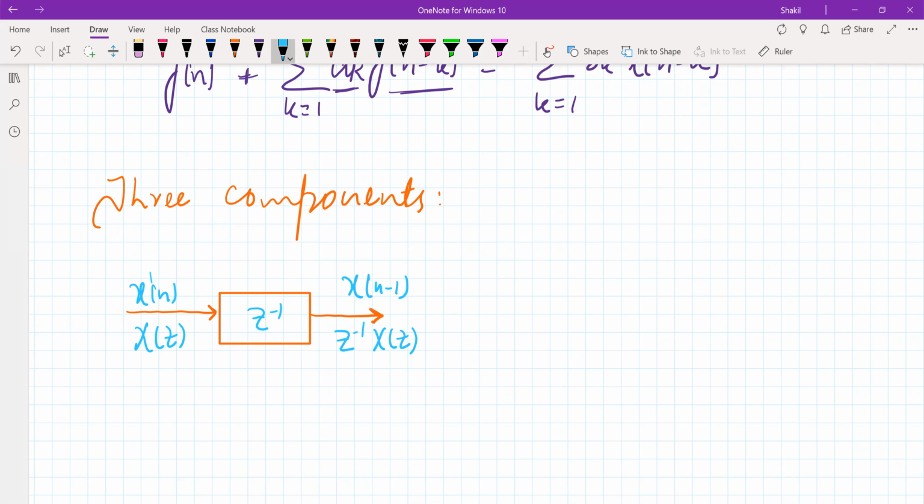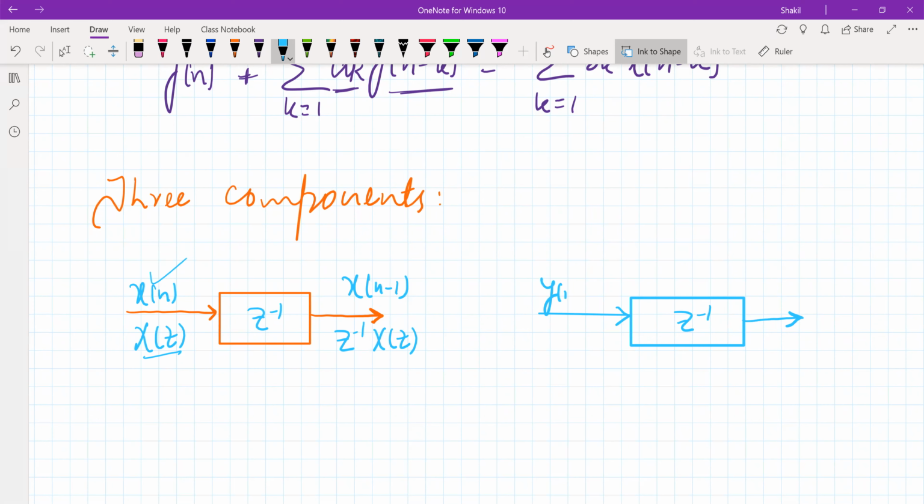So in the time domain, if the input is x of n, the output will be x of n minus 1. In the frequency domain, in terms of the Z transform, if the input is x of z, the output will be Z inverse x of z. This is how we show the delay component. Same thing if the input is y of n, we denote it like this, Z inverse is the delay component.